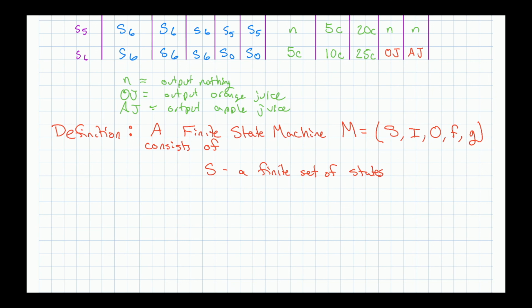Then we had I. What's I? I is the input alphabet they call, which is just the list of possible inputs.